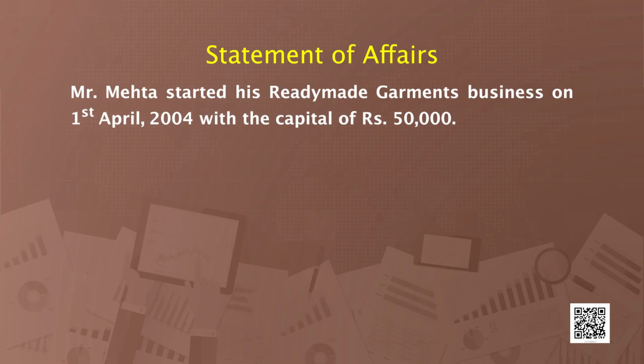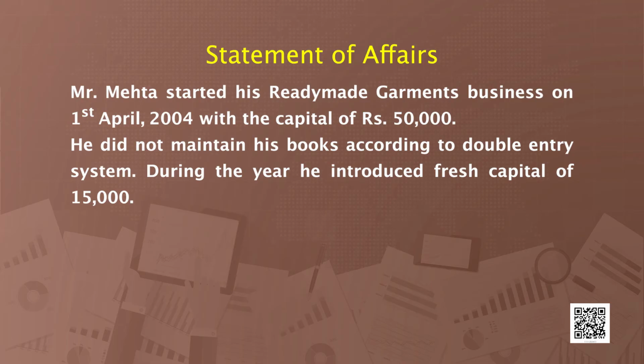As you can see, Mr. Mehta started his ready-made garment business on 1st April 2004 with a capital of rupees 50,000. The question is clearly saying that Mr. Mehta started business with 50,000. That is his opening capital.